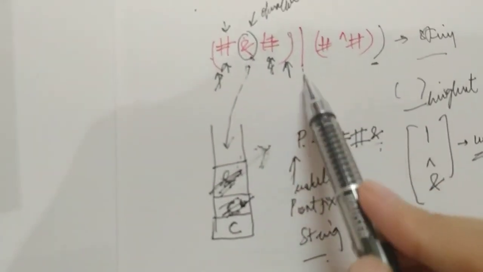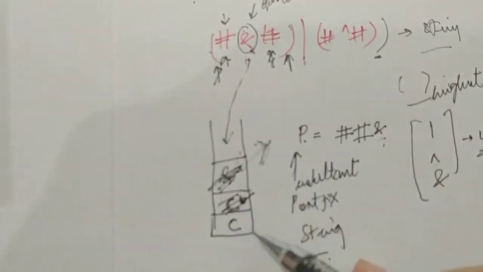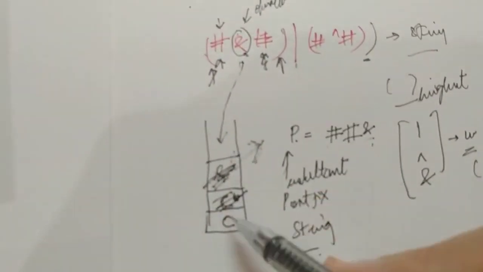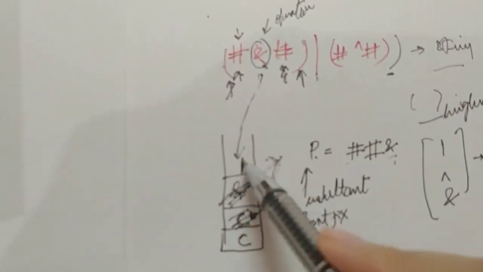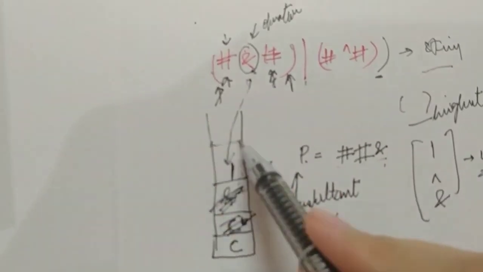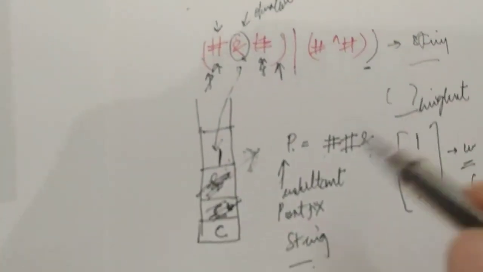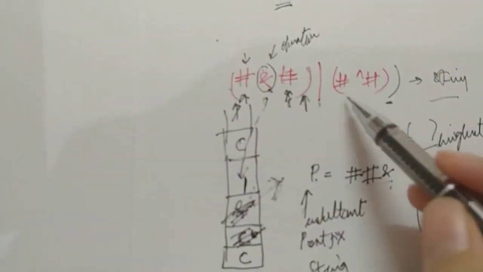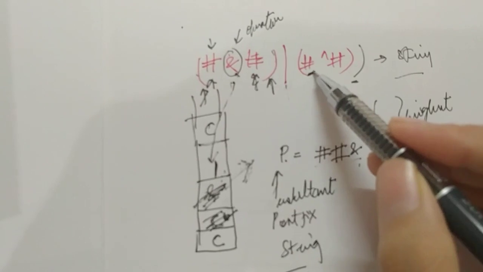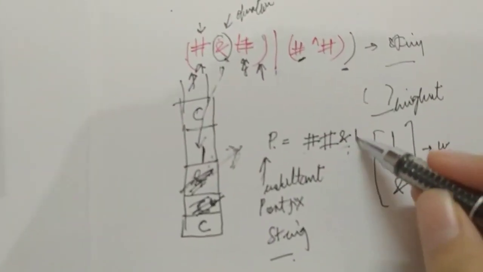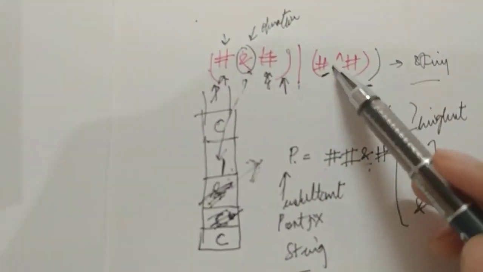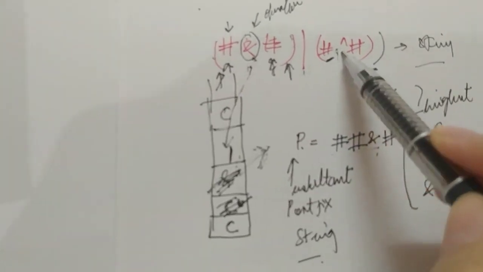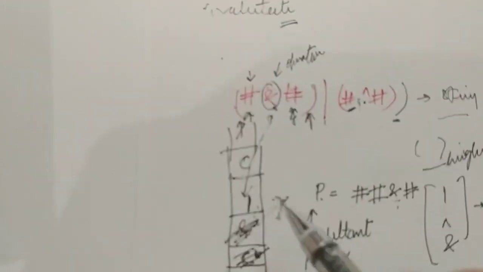Now we encounter an operator OR, and there is no operator in the stack, so we push it into the stack. We move forward and we got an opening parenthesis. We push it into the stack, move forward, and now we got a hash, so we append it into the string. We got an operator. Let's make this a little bit clear here.